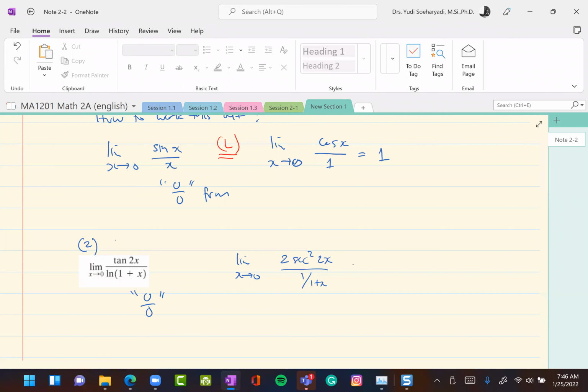Let's see, does it have a limit? Okay, plug in 0, then it's 1. Secant 0 is, okay, so 1 over cosine 0, which is 1. So the limit exists. Then by L'Hopital's rule, this should be equal to this one.